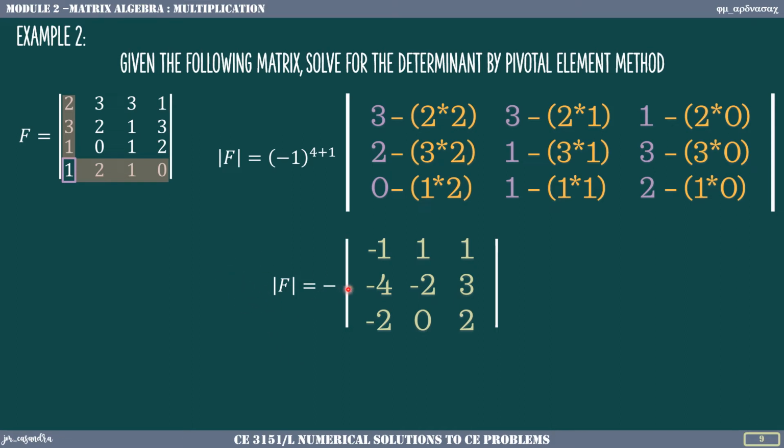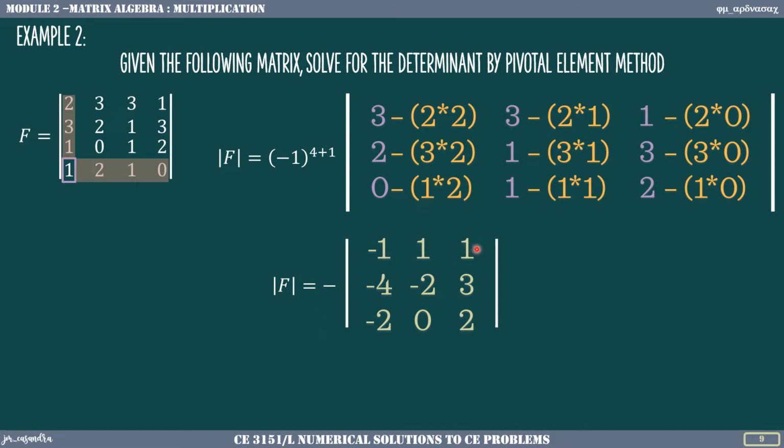We could use Sarrus' rule. So we could simply add up the products of the diagonal elements going down minus the sum of the diagonals going up. Or we could apply again the pivotal element method. So if we're going to continue using the pivotal element method, we again choose, with this new matrix, an element having a value of 1.